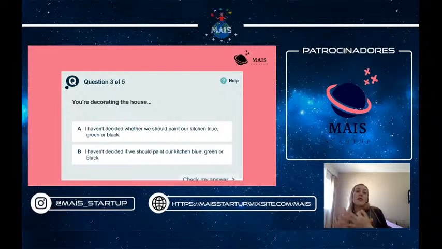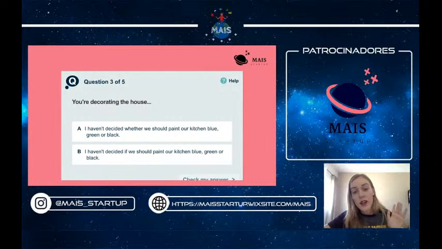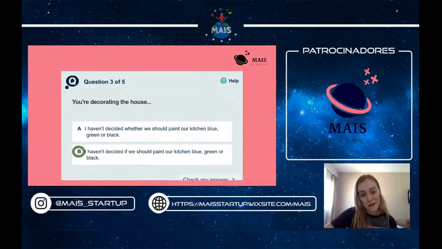So maybe you change your mind. Maybe you could just paint it pink or purple or white. So there are other possibilities than the ones mentioned in the sentence, which means you can have a third possibility, and if you can have one, we're talking about if. So the best way to write the sentence is using if.